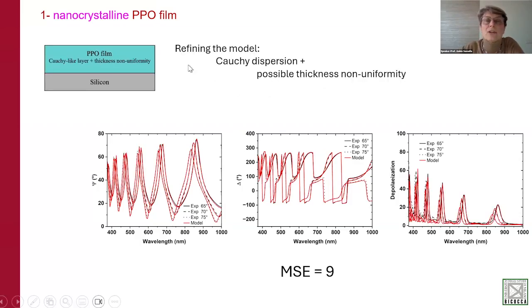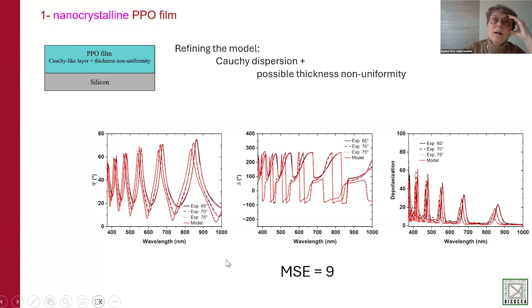So we added the so-called thickness non-uniformity. It is a parameter in the software which accounts for the possibility that the thickness is non-uniform over the region probed by the ellipsometer, and some depolarization could arise due to that inhomogeneity. So exactly what we were looking for.